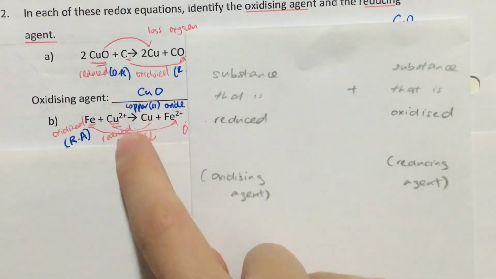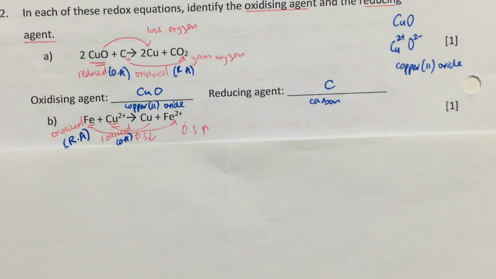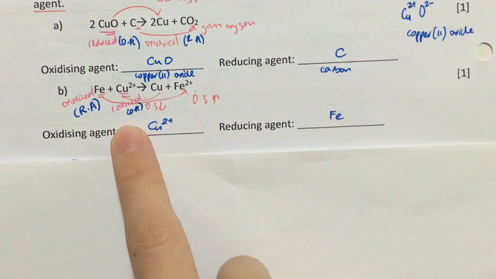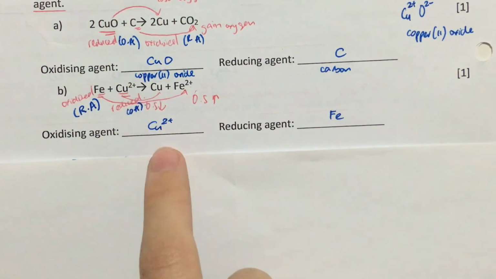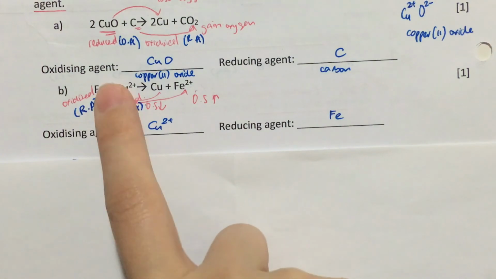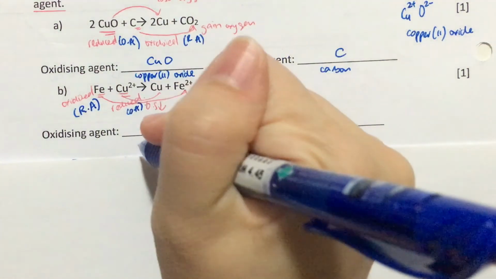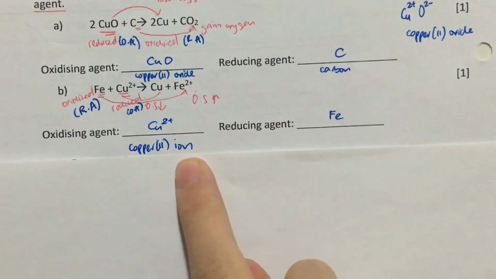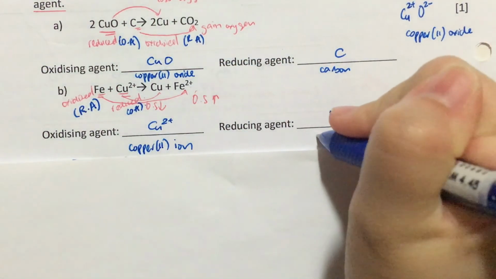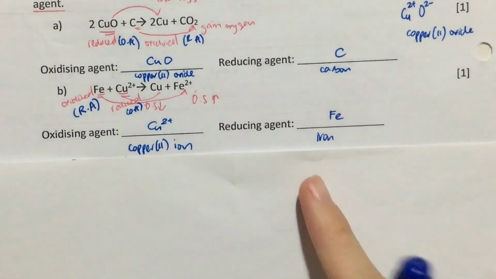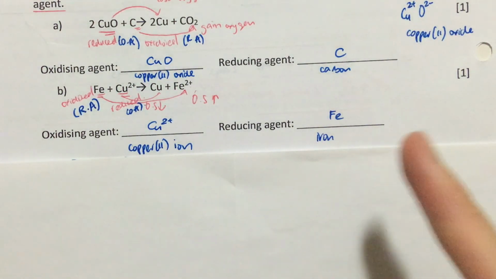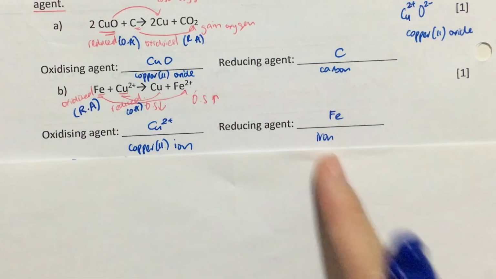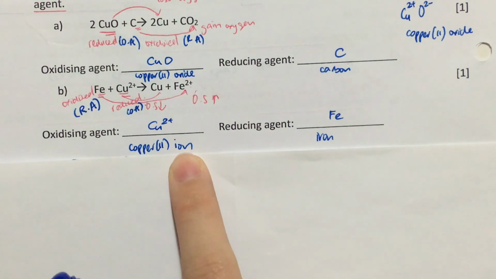So always write notes so that you don't get confused. Our oxidizing agent will now be Cu2+, and our reducing agent will be Fe. If it's Cu2+, you should write copper 2 ion, very important. And for Fe, you would write iron itself, or iron atom, or iron metal. Either one is fine because this is not an ion. But for an ion, you have to write the word ion over there.